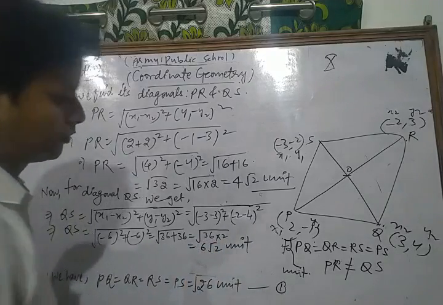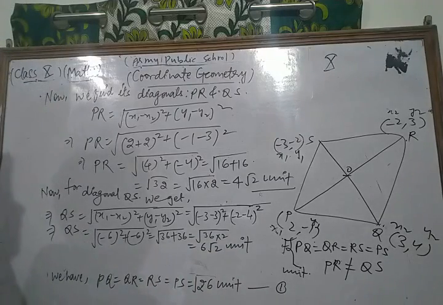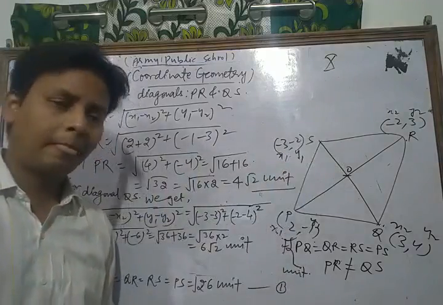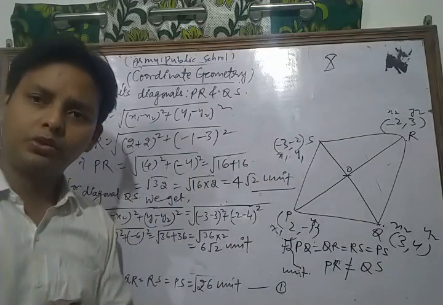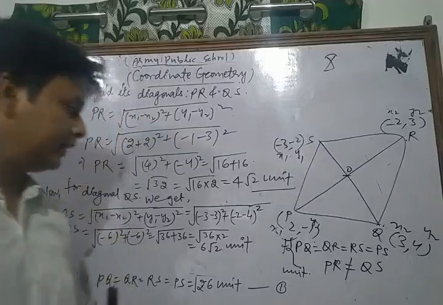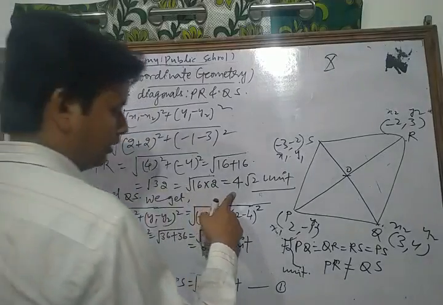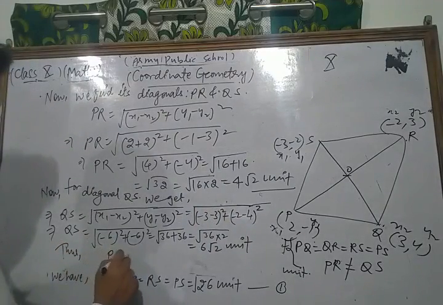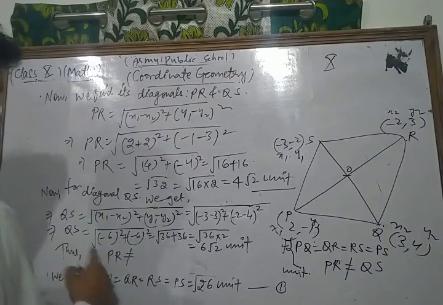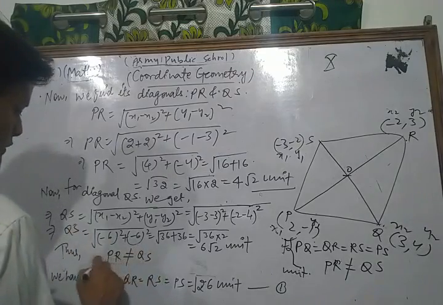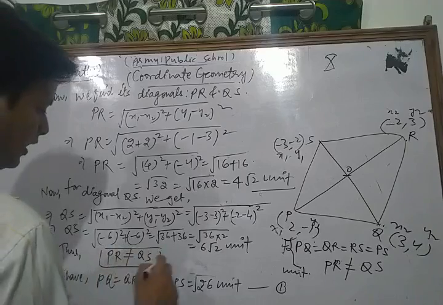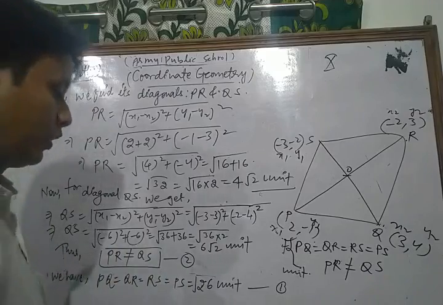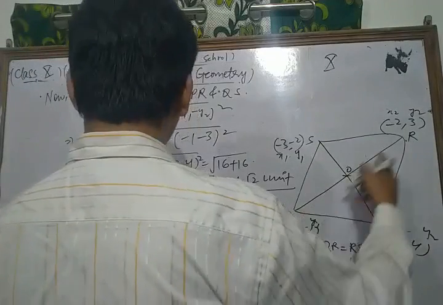In this way, dear student, we find its diagonals PR as well as diagonal QS, and we observe that both are unequal. Thus diagonal PR is not equal to diagonal QS. Take this as equation 2.